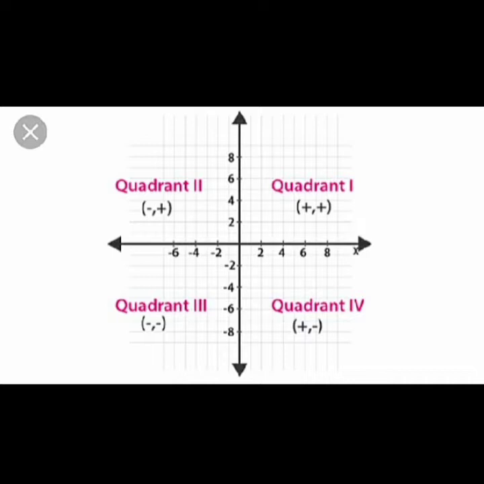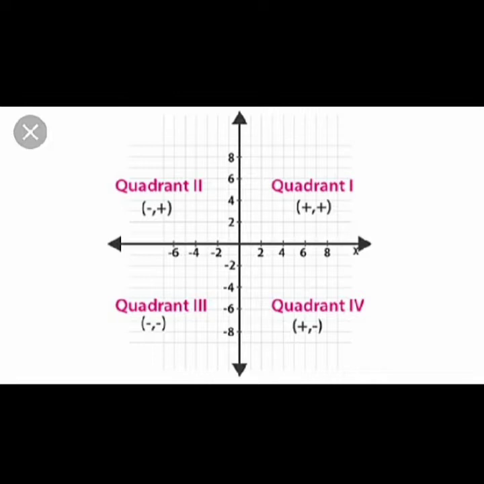Cartesian system. The horizontal line we call the x-axis and the vertical line we call the y-axis. Both will intersect at a point. That point is called the origin. The x-axis and y-axis, after intersection, divide the coordinate plane, or xy plane, into four quadrants.